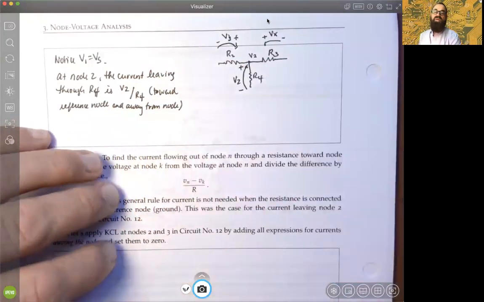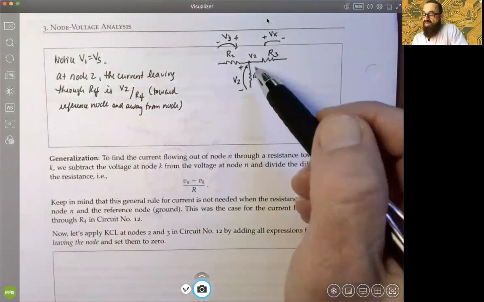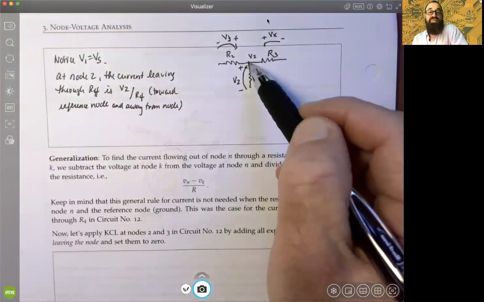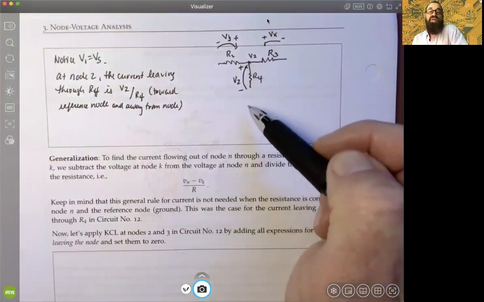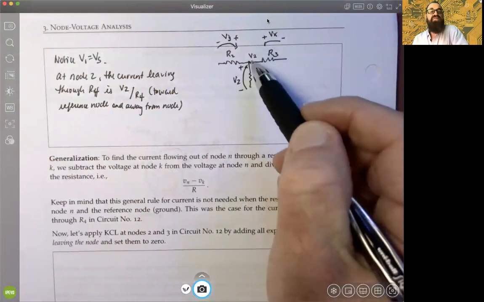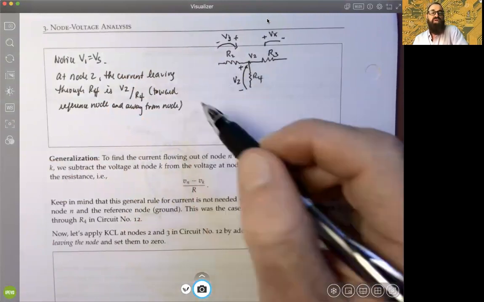Okay. So another way to look at it is that the voltage here at this node we represent by V2. The voltage at the reference node is 0, okay? It's grounded, there's no voltage. So you could think of that as V2 minus 0 over R4.